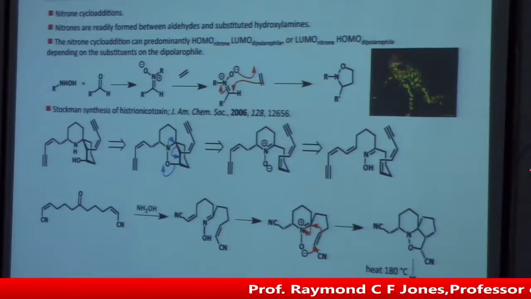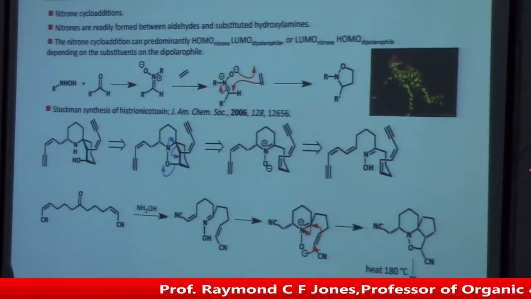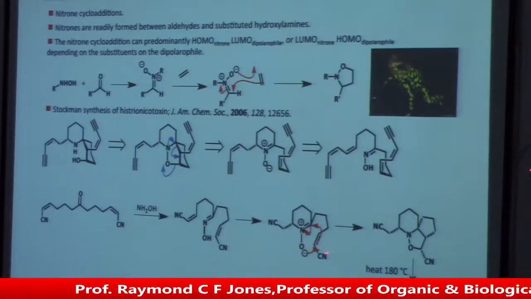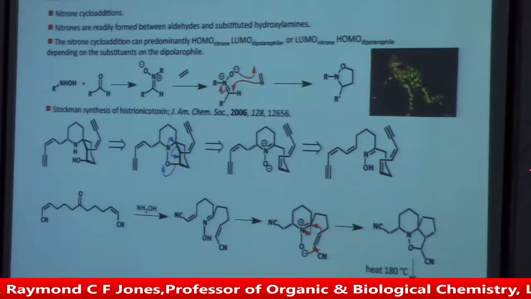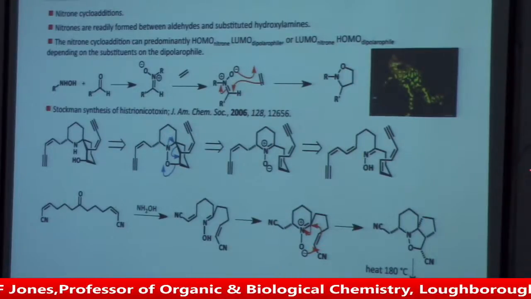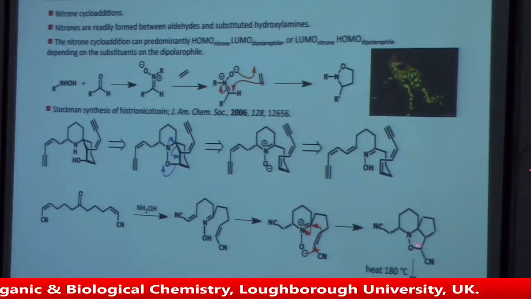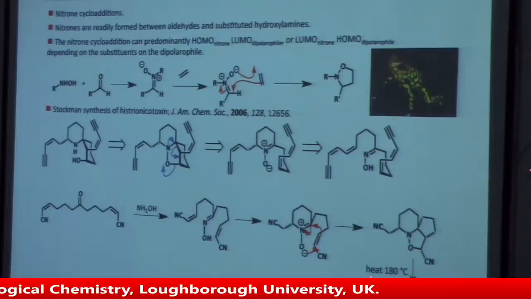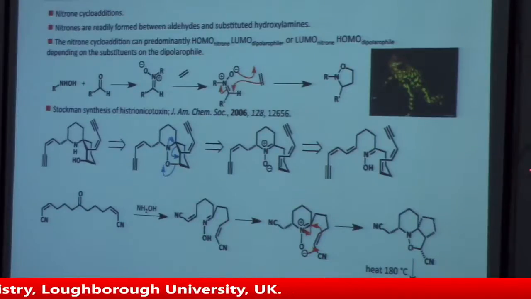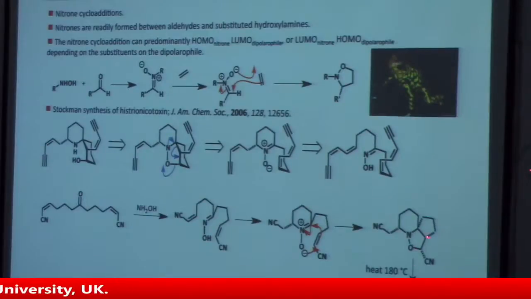I think this one is thermodynamically controlled. So this one will be the kinetic product with the orbital control. I can't tell you what the different coefficients are there, but this is the kinetic product. You can reverse it, or you've got to heat it up. You might say, why doesn't it go back to that one?